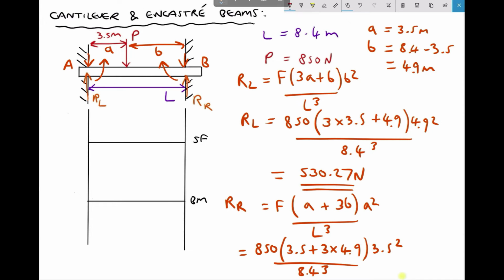Now once again, let's run that through the calculator, and this time we get a right-hand support reaction equal to 319.73 newtons, accurate to 2 decimal places.